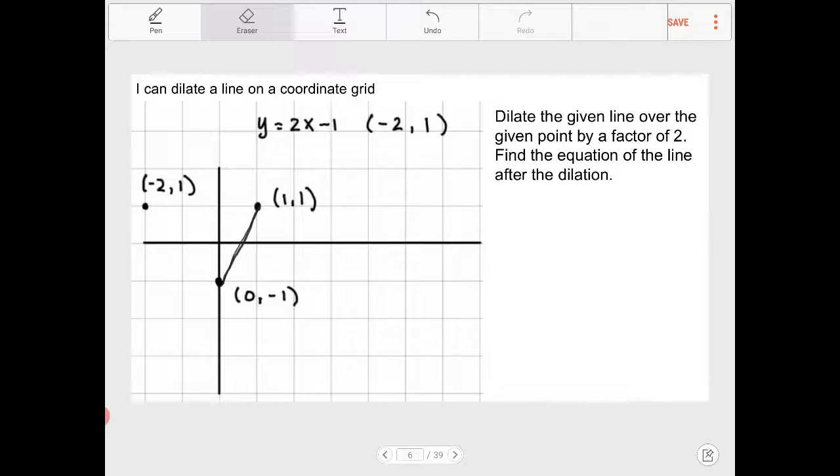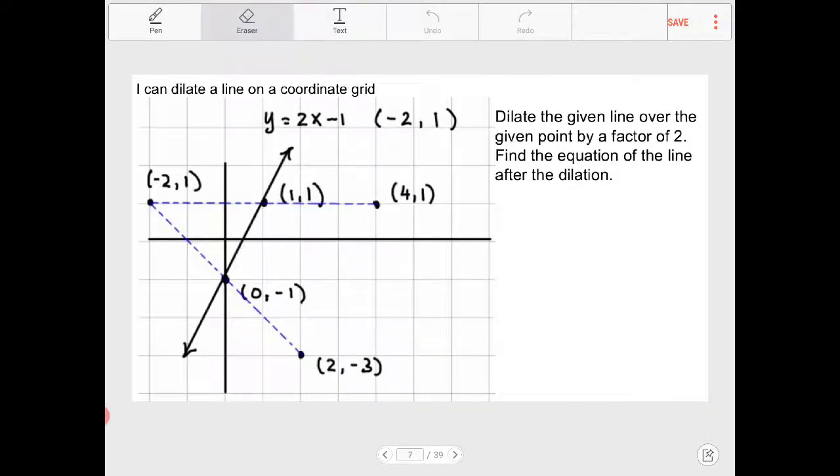So how am I going to do that? I'm going to approach it the same way I did before. I'm going to connect the points that are on the line to the center of dilation. And then, however much distance I am away from the center of dilation, I'm going to move that far away from the given point. Notice here I have 3 units away from the center of dilation, so I'm going to move 3 units away.